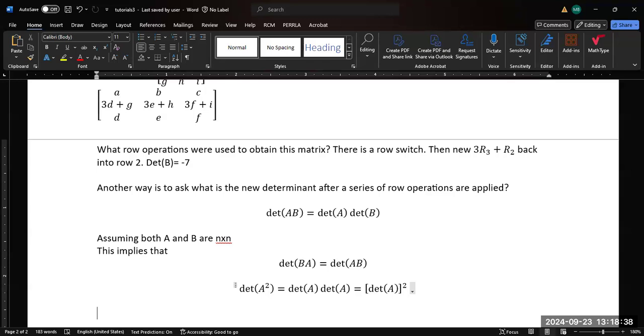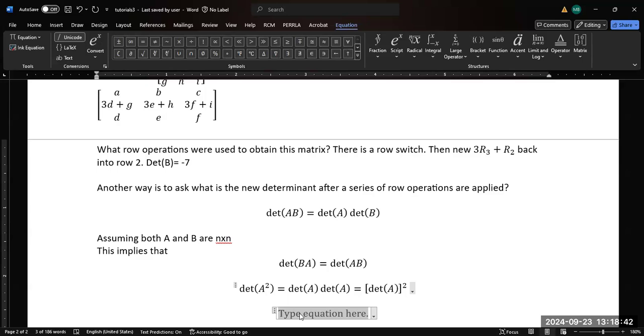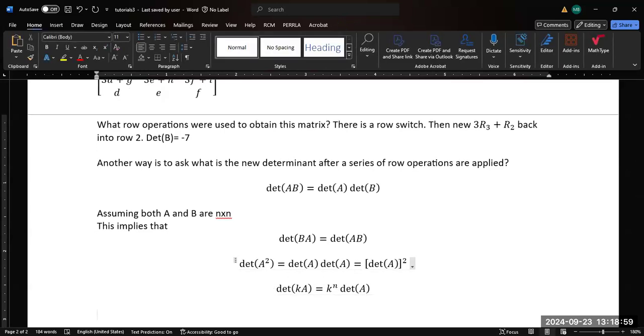And we talked about the scaling with the rows, so you can also write a rule for that. The determinant of kA, where k is a scalar, is equal to k to the number of rows of your matrix times det A. This is something important to keep in mind because it depends on the size of your matrix.